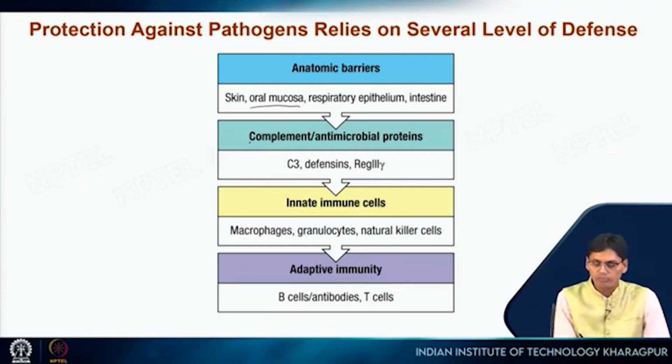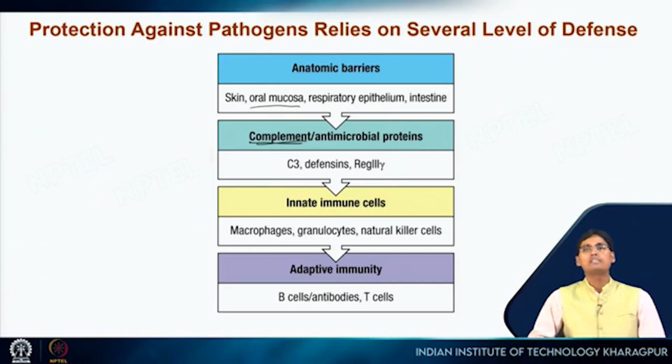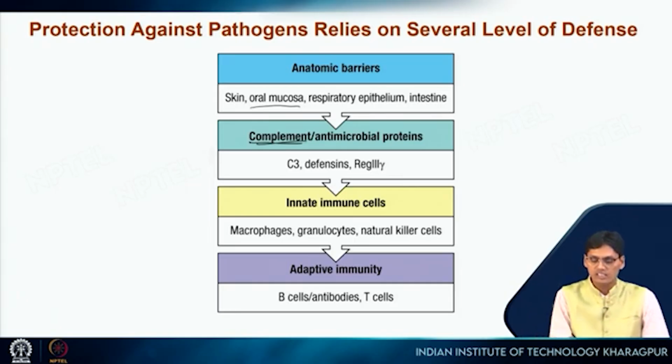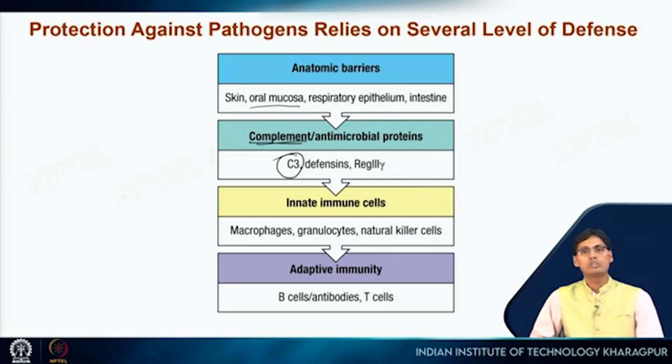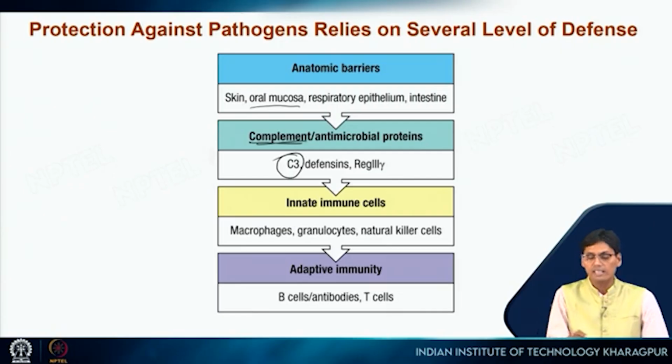Complement is also very important. We have around 30 different types of protein, together called the complement system. And C3 is one of the key complement proteins, playing a very important role in our immune system. Apart from that, there are many antimicrobial peptides present, including defensin and Reg3 gamma.